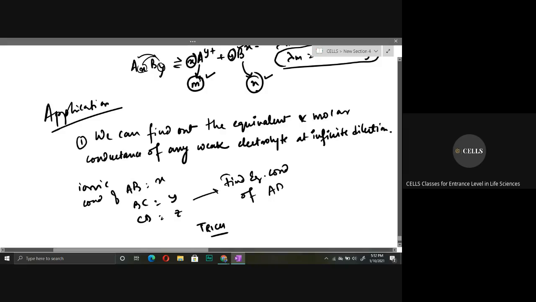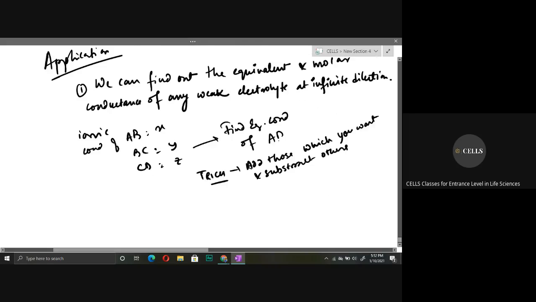Add those which are present in what you want, and subtract the others. It's simple. For AD, where there is A, there is A. Where there is D, there is D. So the equivalent conductance of AD will be simply X plus Z minus Y. This will be the answer, because this one is the rest. You don't need that, just subtract it.